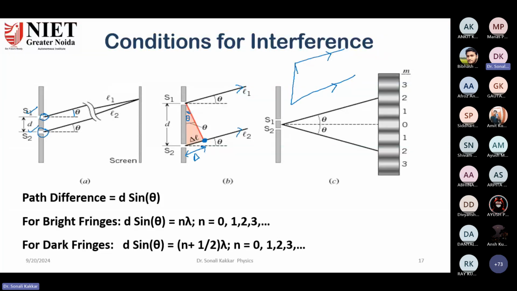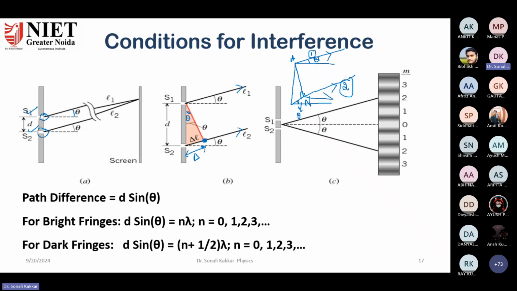We draw a perpendicular, let's say AN, on ray number 2. This is the first ray, this is the second ray, and this is angle theta. If this is angle theta and this is a perpendicular, this is also angle theta.